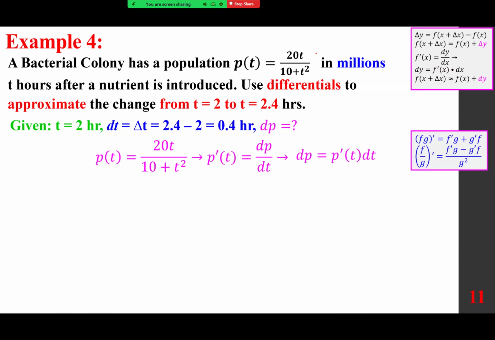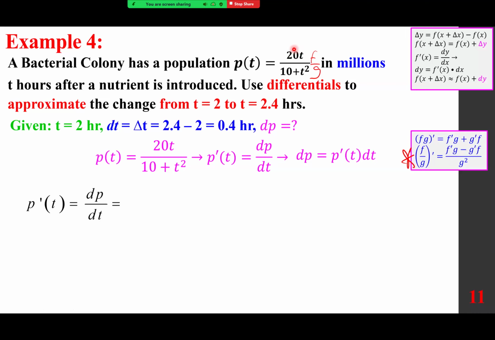So we're going to call this f over g because we need to use the quotient rule. So p prime of t or dp dt uses the quotient rule, f prime g minus g prime f over g squared.